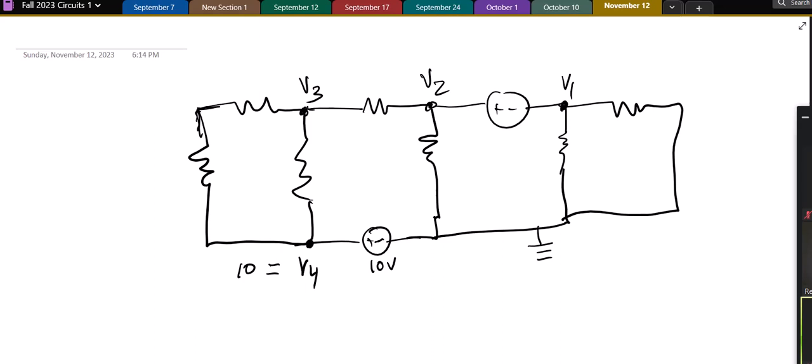So I would actually already have that voltage. But then when I look at my nodes, I look at the currents coming out of them. So like for this node right here, I have a current here, and I have a current here.